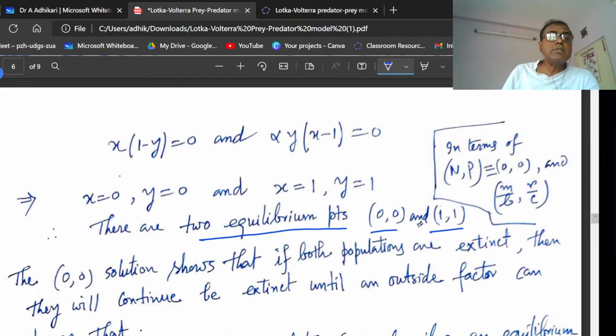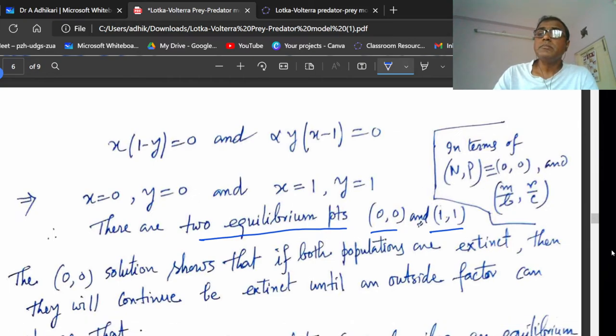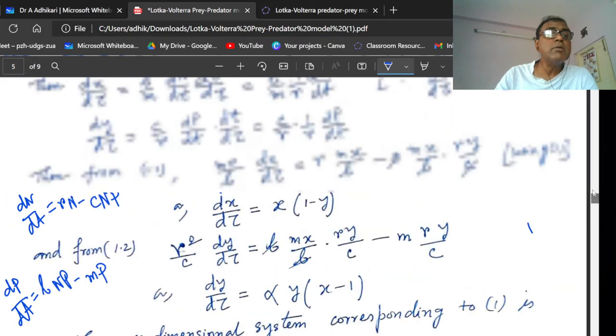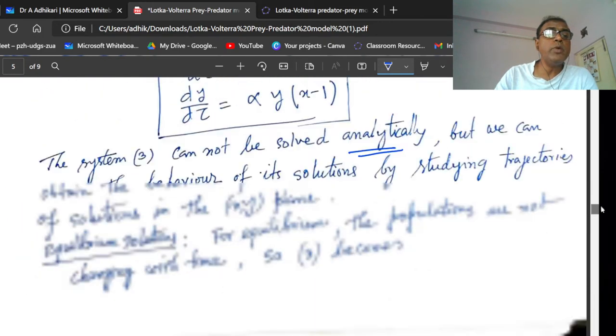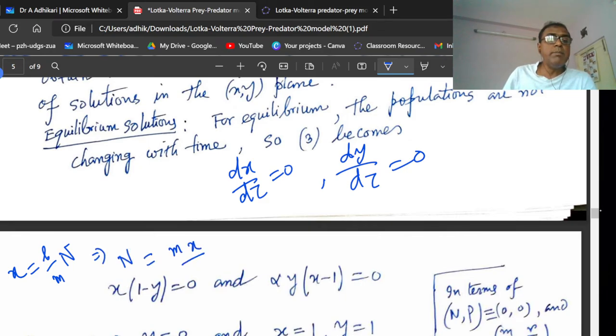Here x equals 0 means, x being the non-dimensional quantity, x equals b by m into n. So since x equals b by m into n, from this n equals m into x by b.